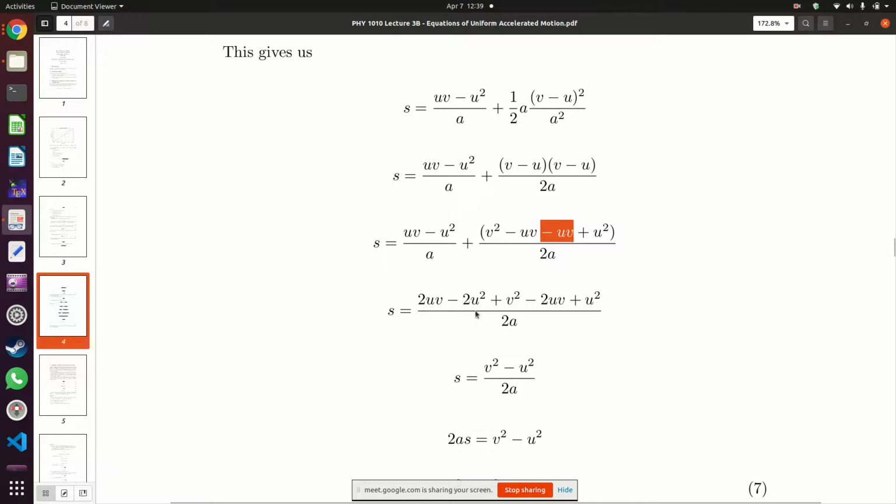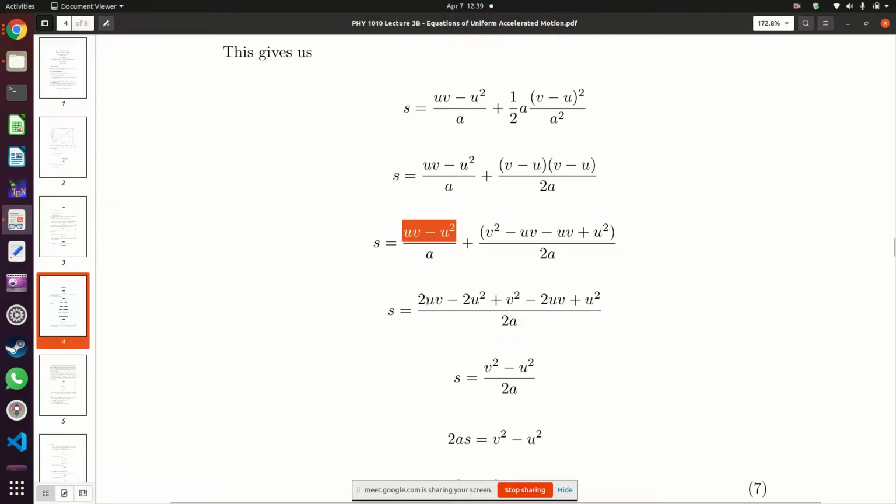So you end up having 2uv. And you have a here, with this a and that. So the common denominator is going to be 2a. So when this a gets into this 2a, you're going to have 2, and that 2 is going to multiply these two guys.